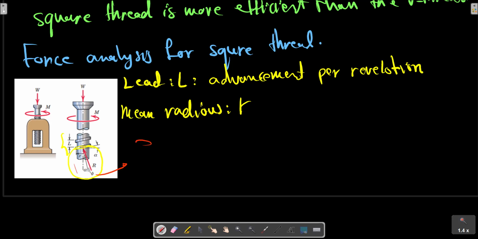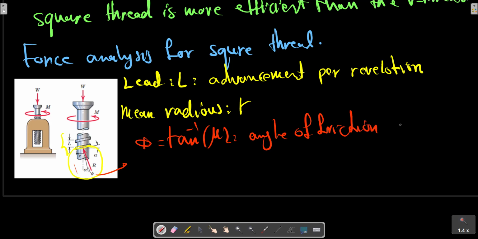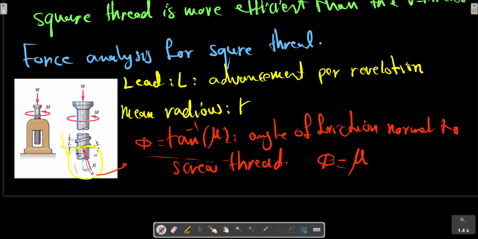This phi is the angle between R and the normal to a screw thread, the angle of friction, so that phi equals tangent inverse mu, or for small angles phi equals mu in radians.